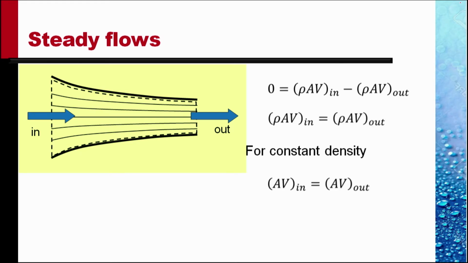For constant density, when the density of the fluid does not change, ρ in is the same as ρ out. So, AV in is equal to AV out. A is the area of the channel at the inlet, V is the velocity at the inlet, and similarly A out is the area of the channel at the outlet, and V out is the velocity at the outlet.